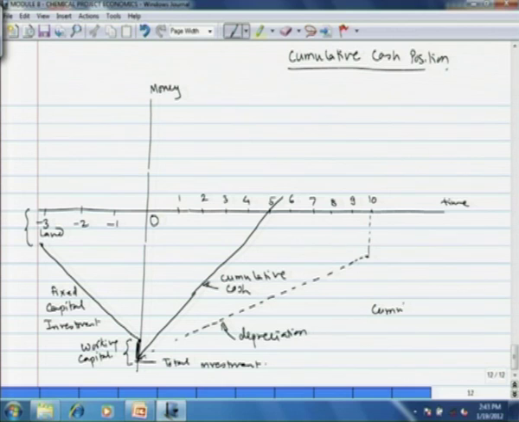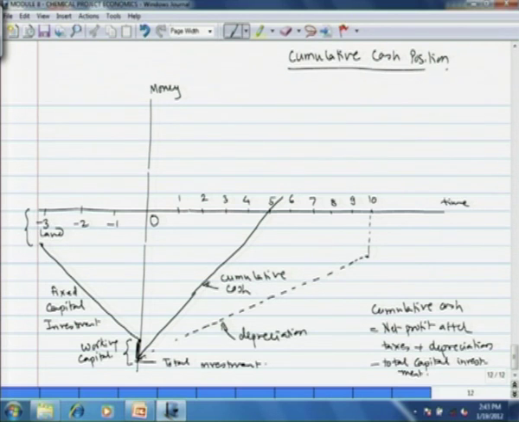Cumulative cash includes the net profit after taxes plus depreciation, and then minus the total capital investment, because we want to recover the invested money. So, the cumulative cash position grows, and then at a certain time that cumulative cash becomes equal to 0, which means the entire money has been recovered.